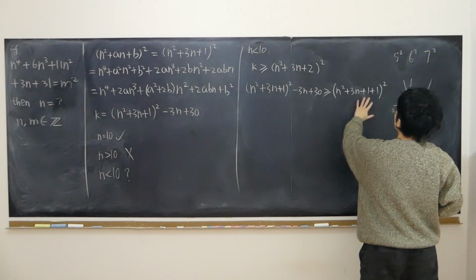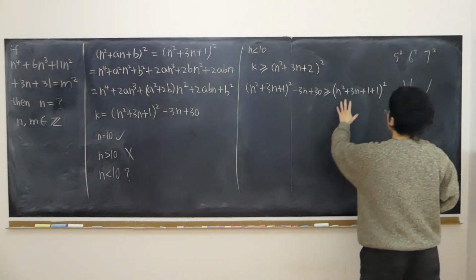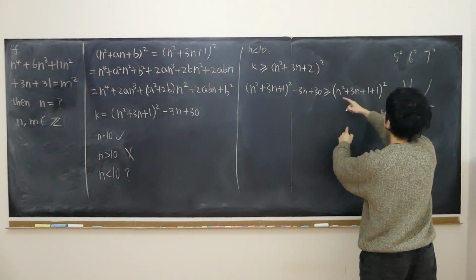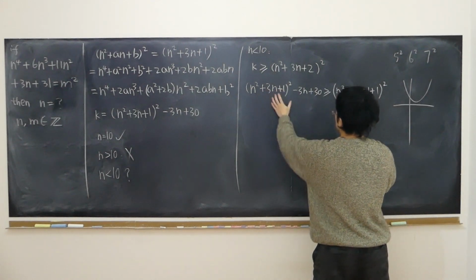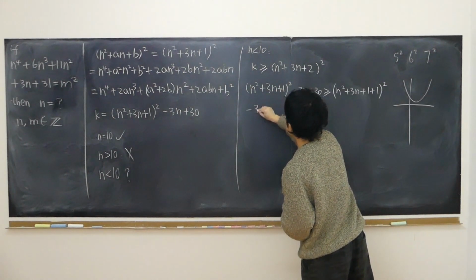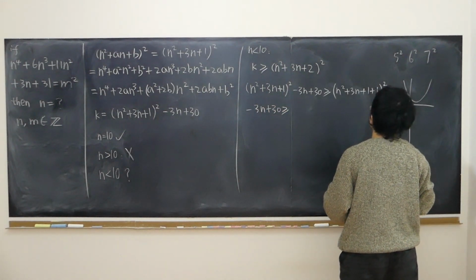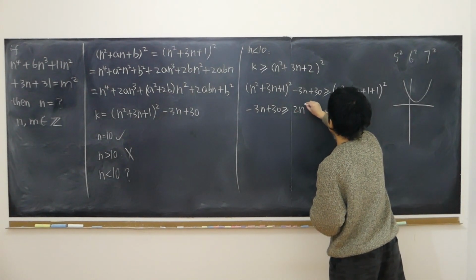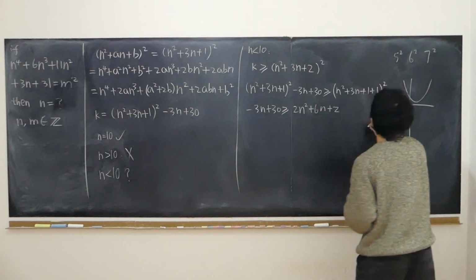Treat n squared plus 3n plus 1 as a whole quantity, right? Then we can expand the perfect square. So in the end, this will cancel out with this square. We have twice of this times 1, plus 1. So this is gone. We're only left with minus 3n plus 30 is larger than or equal to twice of this thing, that is 2n squared plus 6n plus 2 plus 1.